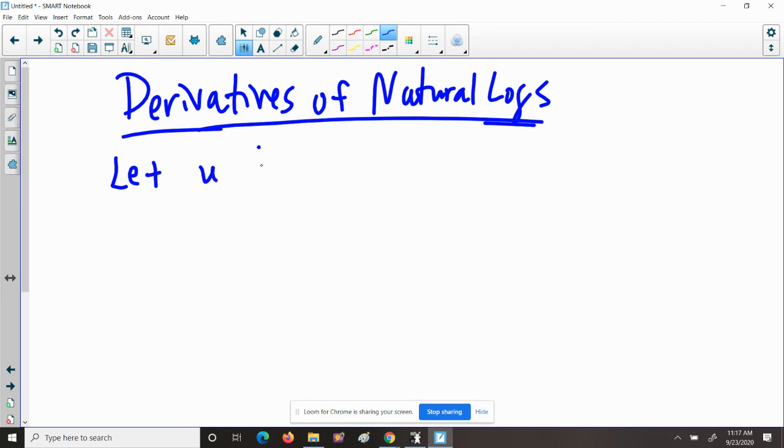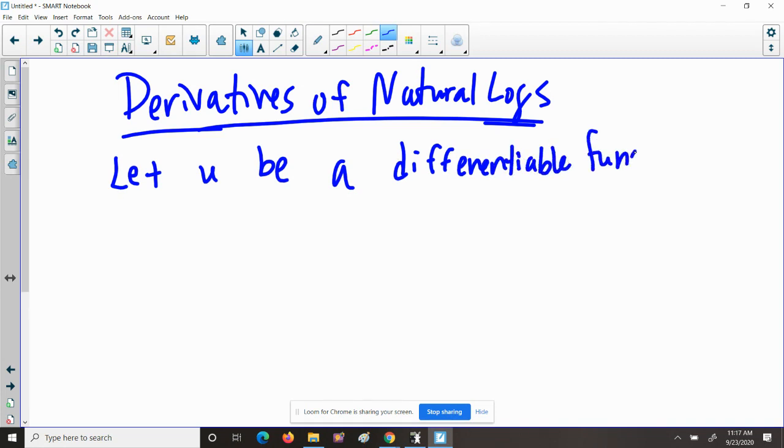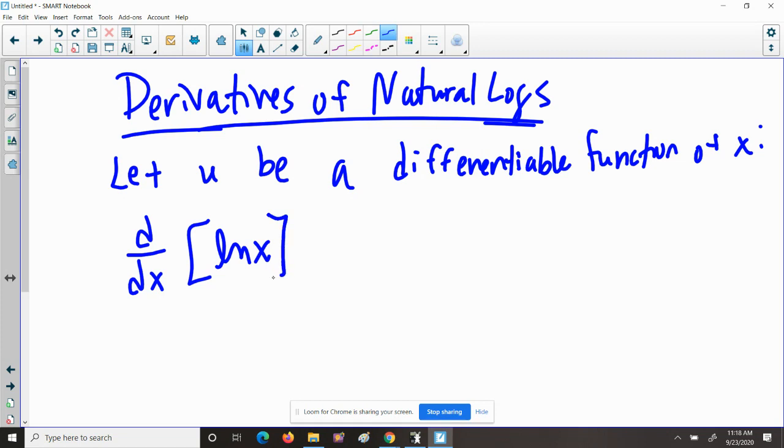If we let u be a differentiable function of x, then the derivative of the natural log of x is 1 over x, provided that x is greater than 0.